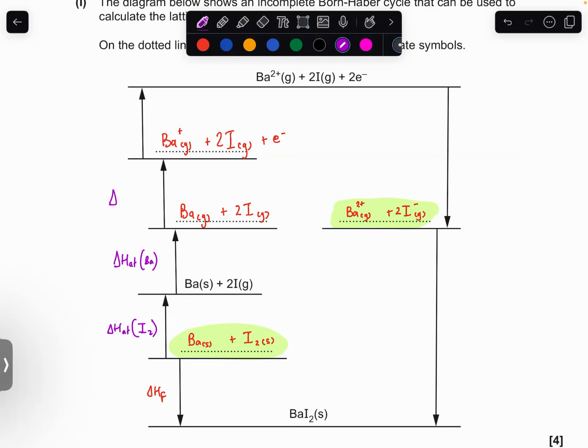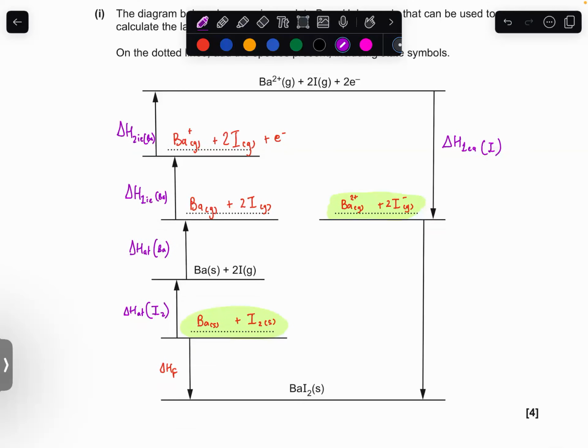This is the first ionization energy of barium, and then we've got the second ionization energy of barium. Here you've got the first electron affinity of iodine, and there's only 1 electron affinity. And here we are, we've completed our Born-Haber cycle.